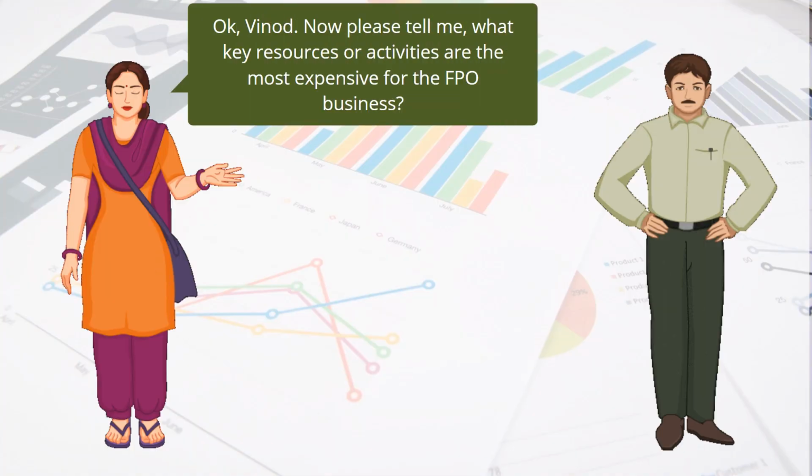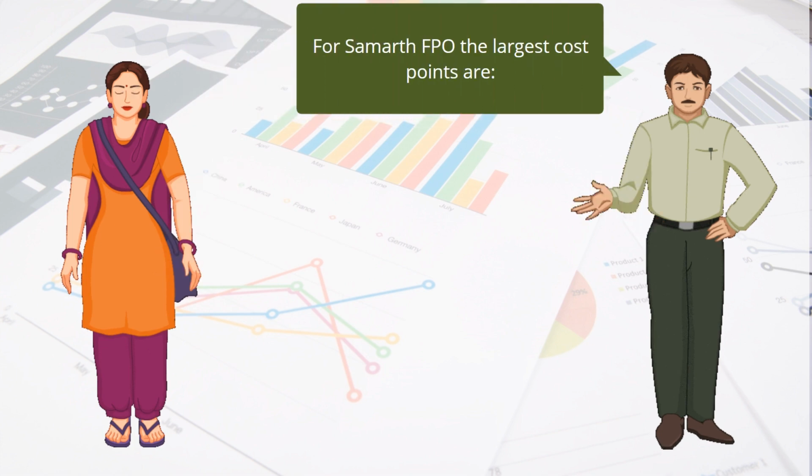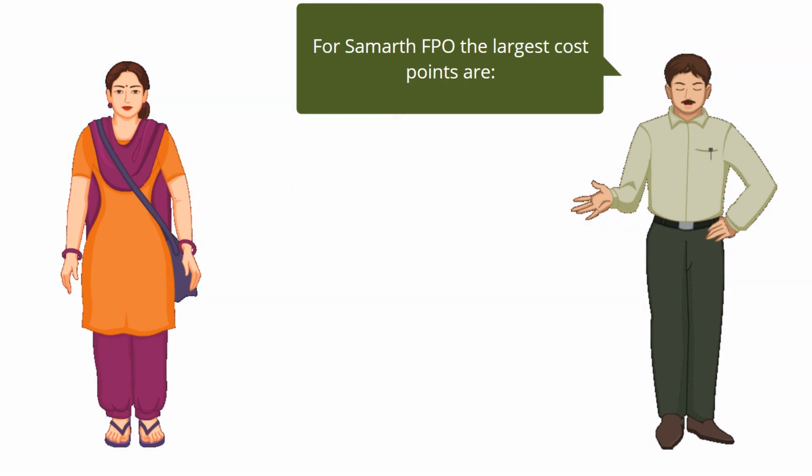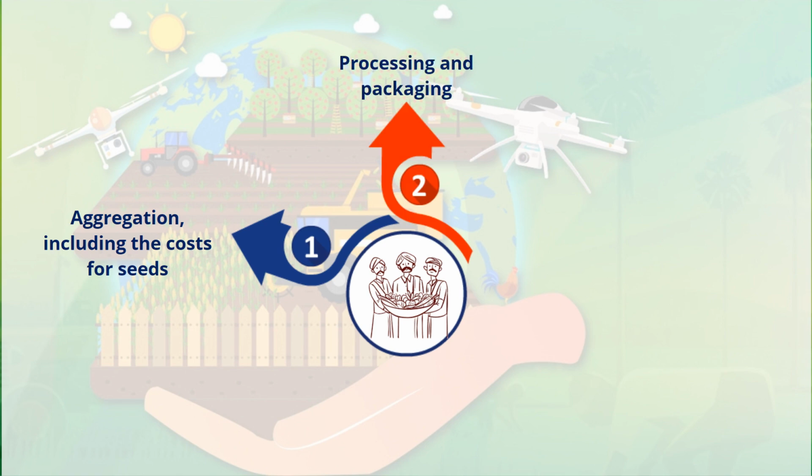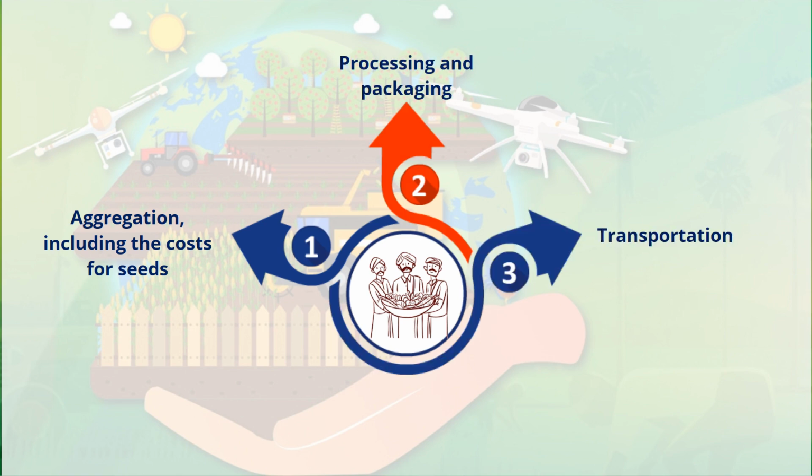Okay, Vinod. Now, please tell me what key resources or activities are the most expensive for the FPO business? For Samarth FPO, the largest cost points are aggregation, including the costs for seeds, processing and packaging, and transportation.